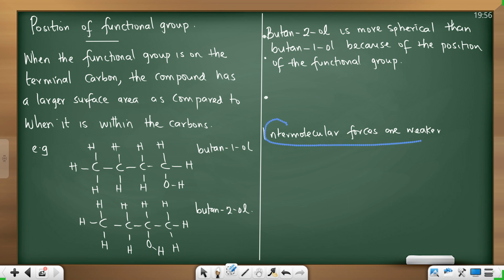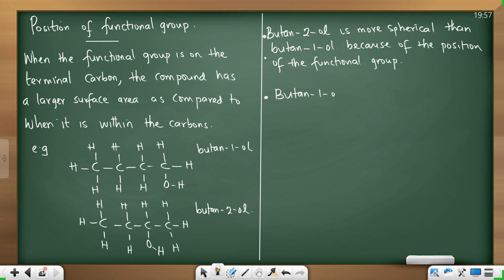Butane 1-ol has a larger surface area. That's so we don't get confused. Butane 1-ol has a larger surface area than butane 2-ol, just because of the position there.